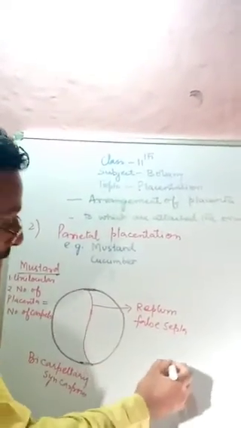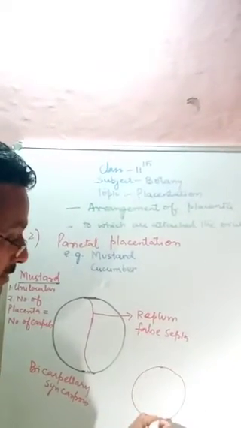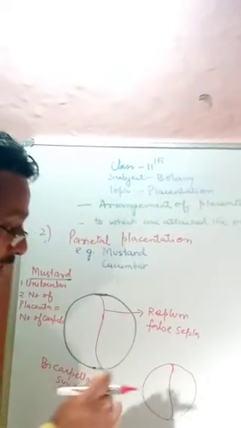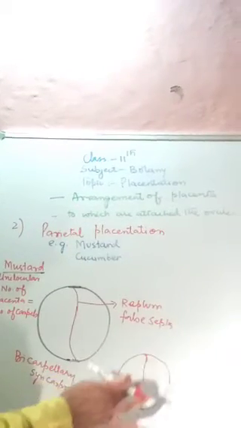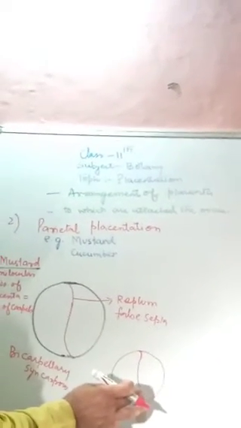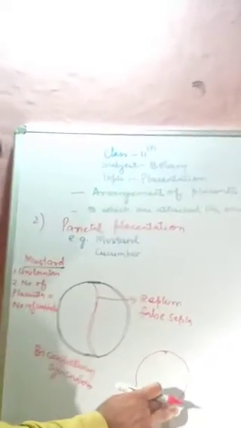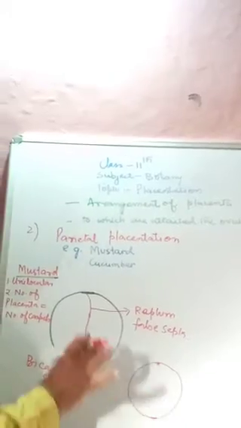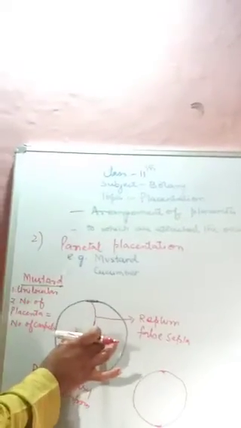If we make a diagram here, these are the two placenta. So we will see there are two chambers. Since the two placenta are fused, this chamber ends, and it becomes unilocular. These are the two placenta. Now a false septum forms, which is called the replum.